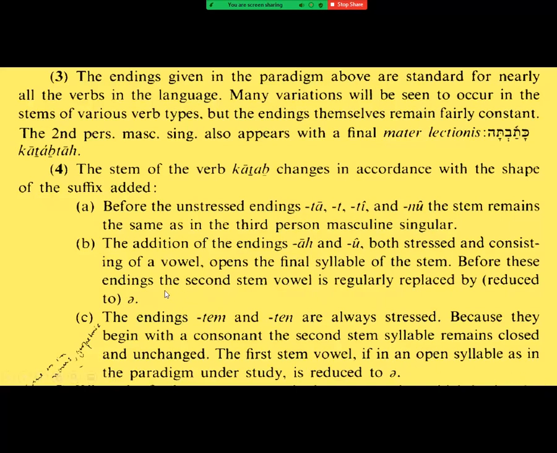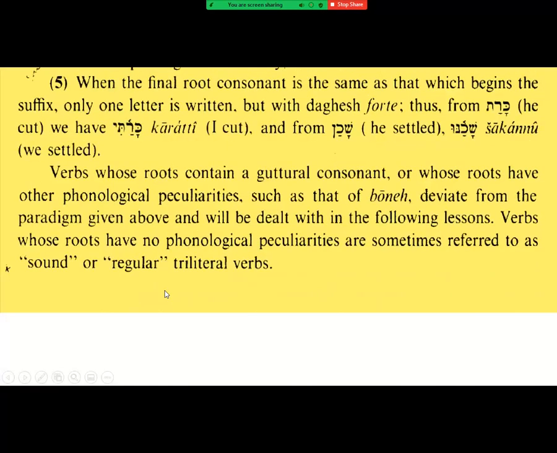And the fifth item on this is when the final root consonant is the same as that which begins the suffix, only one letter is written, but with a dagesh forte. And thus karat, he cut, but with a dot there, you'll have the T here double, and so you see a dot there, that's the dagesh forte, and so it is written as a double T when you transliterate it, karatti, I cut.